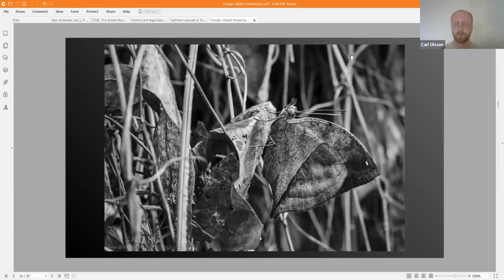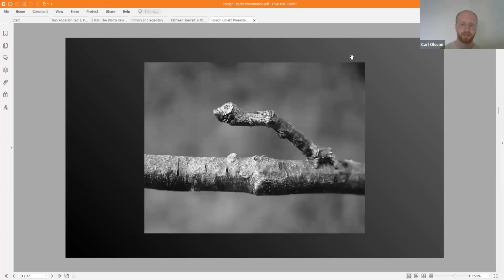He begins this article by expounding at great length on different mimicking animals. This, I think, is a Kalima butterfly, an oak leaf butterfly, and here there's this branch, but there's also a geometer moth caterpillar on it that, at least in this image, looks quite indistinguishable.